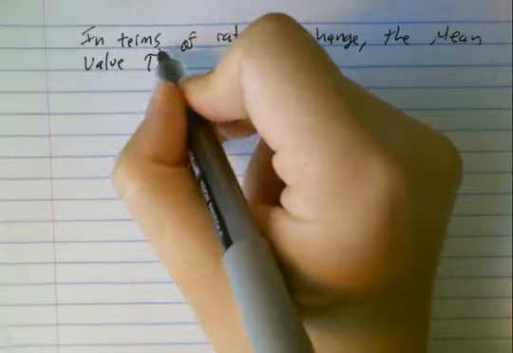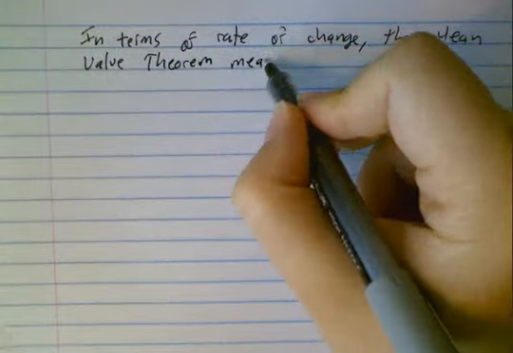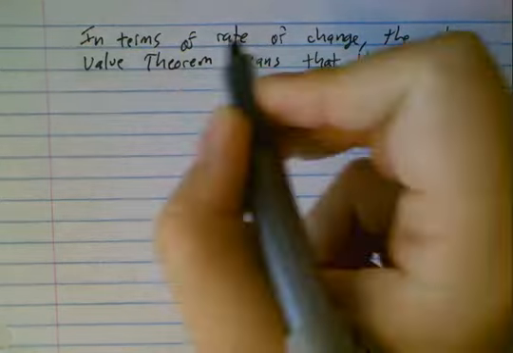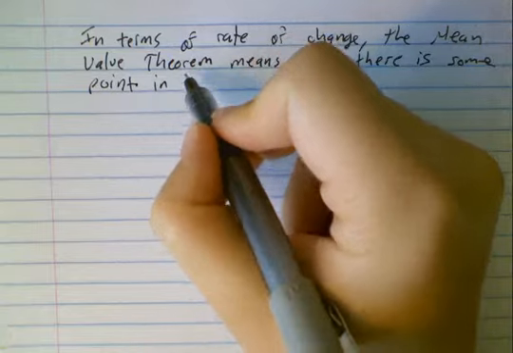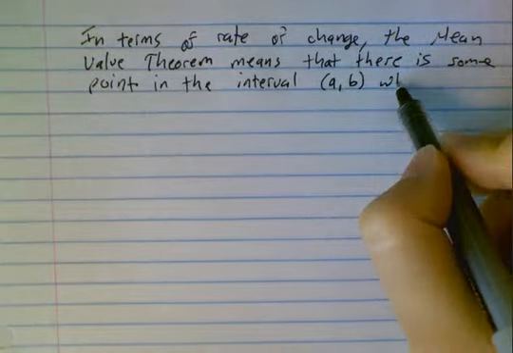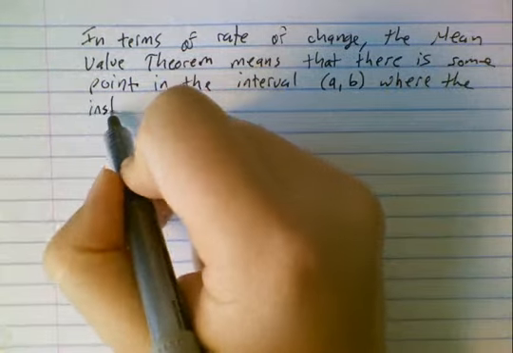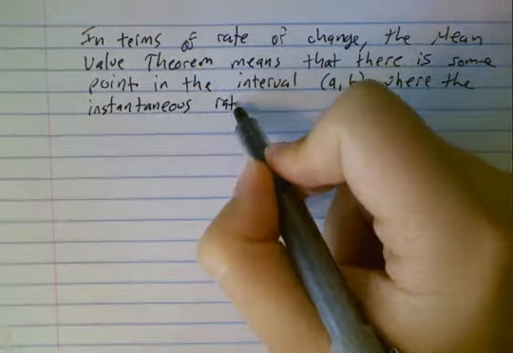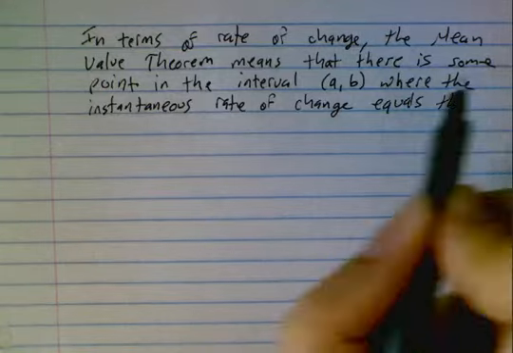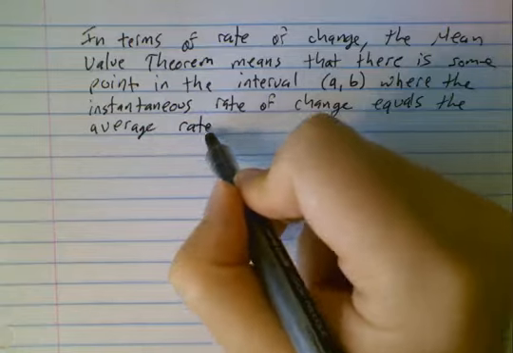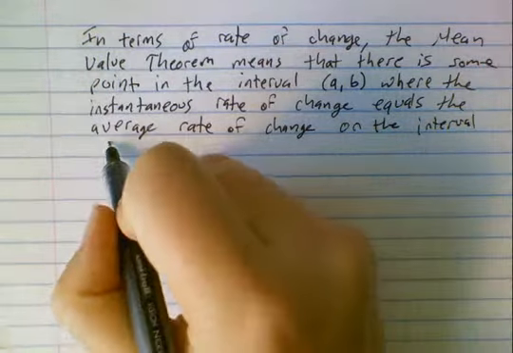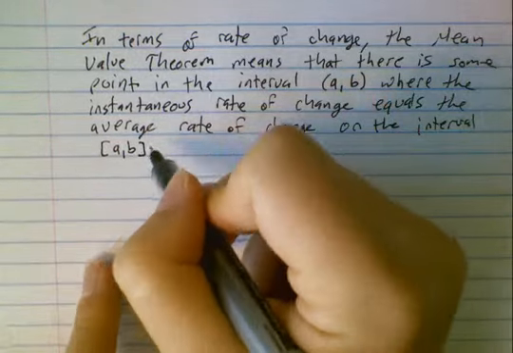The mean value theorem means there is some point in the interval AB where the instantaneous rate of change, so for example velocity, equals the average rate of change. So this is actually quite useful for real-world examples.